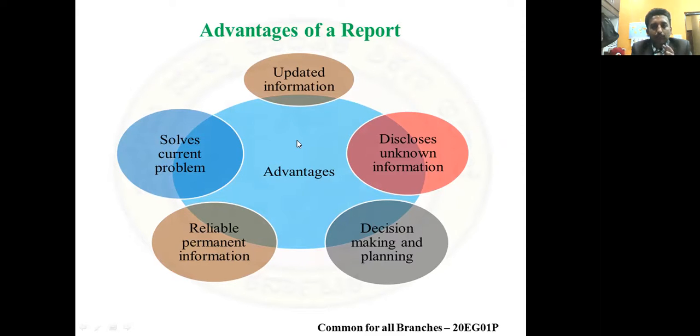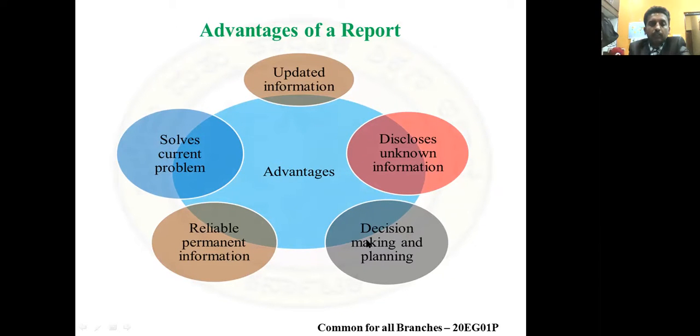The person who prepares a report collects data, draws conclusions and provides information which will be new to all concerned parties. Even new business opportunities are visible through unknown information available in the reports.